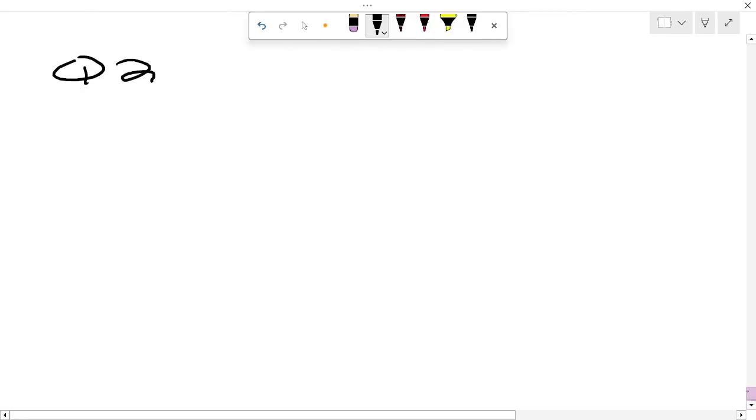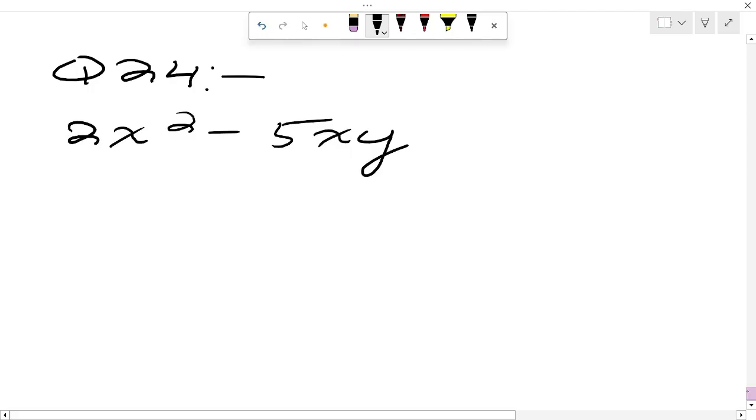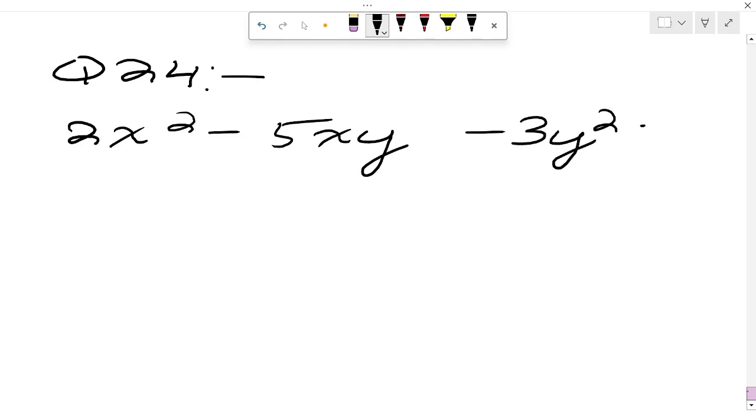The rest of the questions are very easy, and they're just related to quadratic expressions. So this quadratic expression is 2x square minus 5xy minus 3y square. Now what do we need to do here? It will be the same.